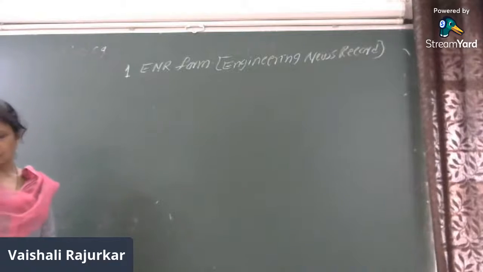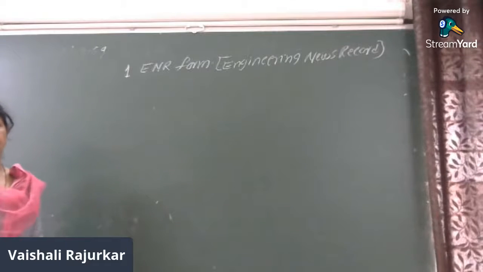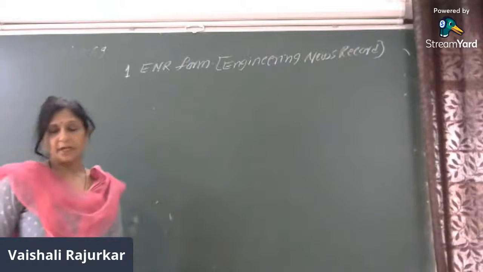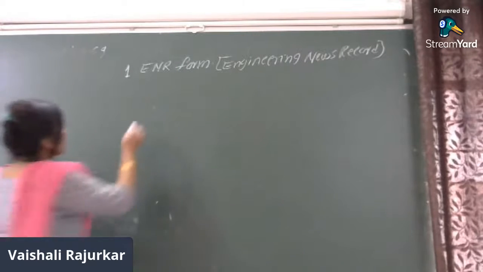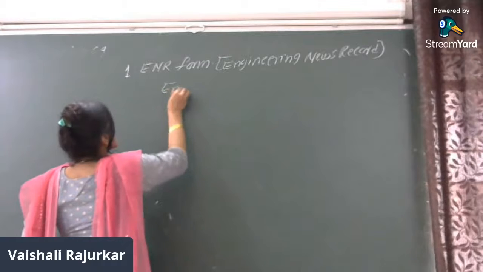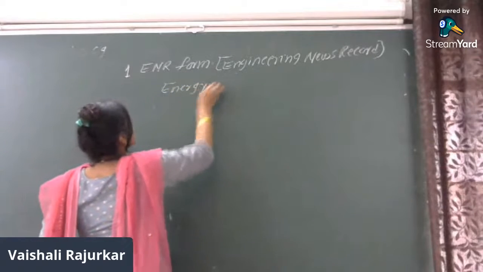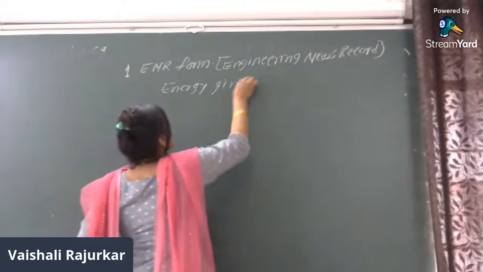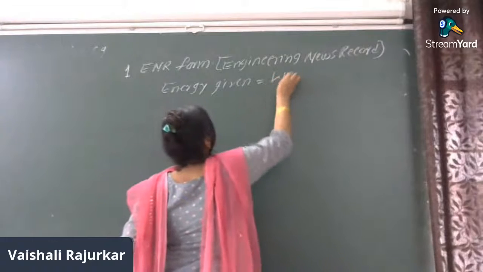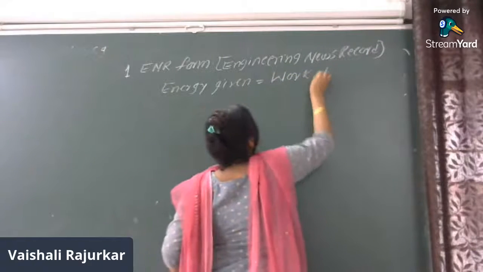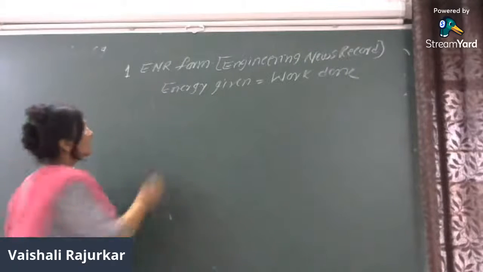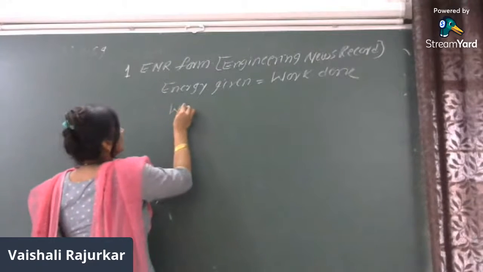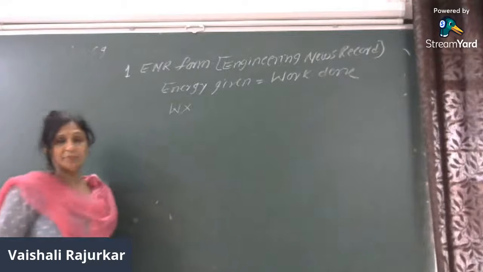Now here, what is the energy given? Energy given is equal to what then? Now here, energy is given by W. What is W? W is the weight of the hammer.